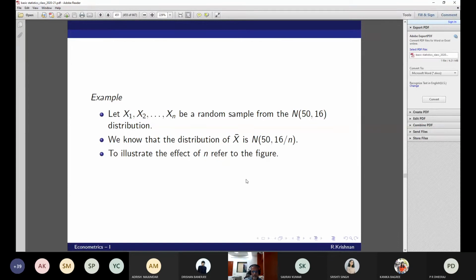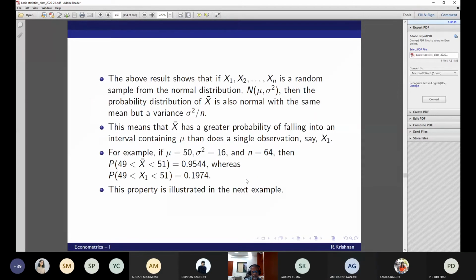Sir, could you explain once more why x bar has greater probability than x1 of being in the interval containing mu? This means that x bar has a greater probability of falling into an interval containing mu than a single observation, say x1, isn't it? See, the value of x bar here is equal to mu, 50.